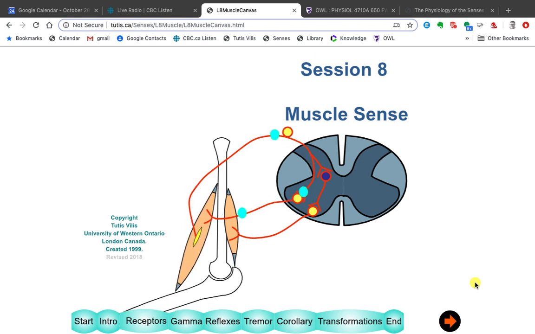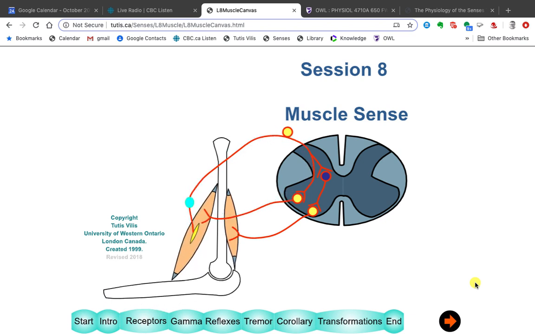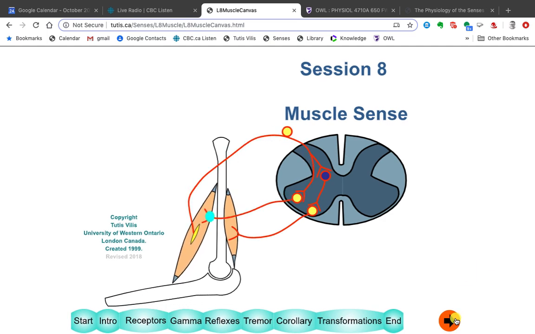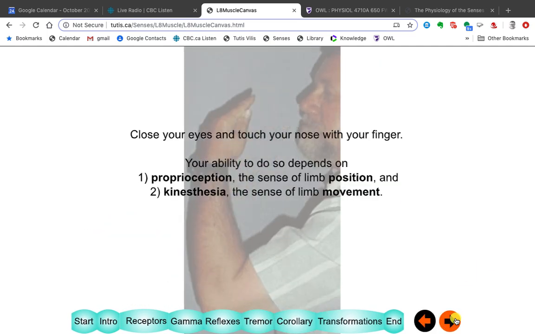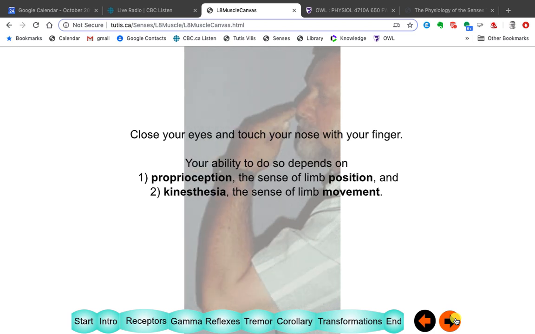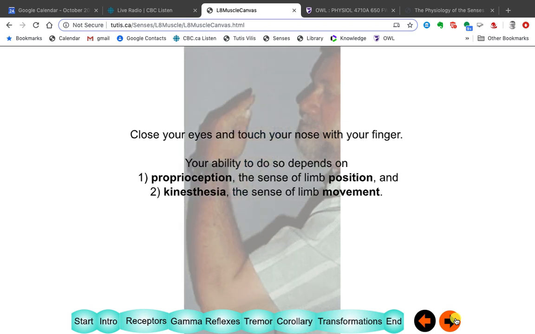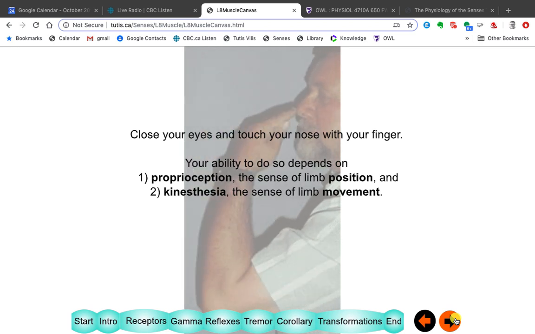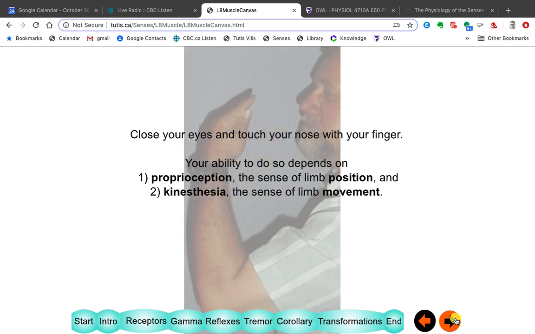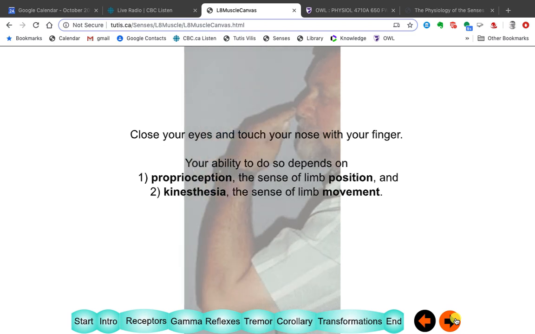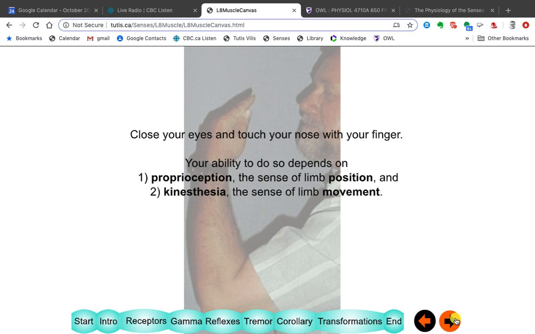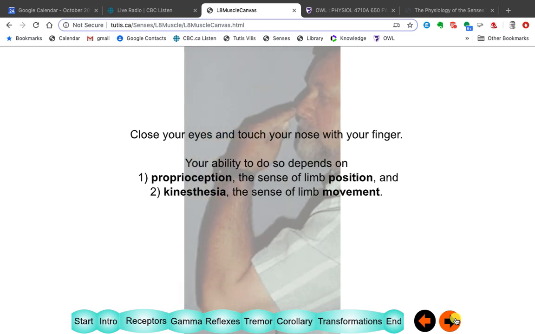And muscle sense comes after the somatosensory lesson because its receptors are again a representation of the body, but not what is on the body, but where your body is.